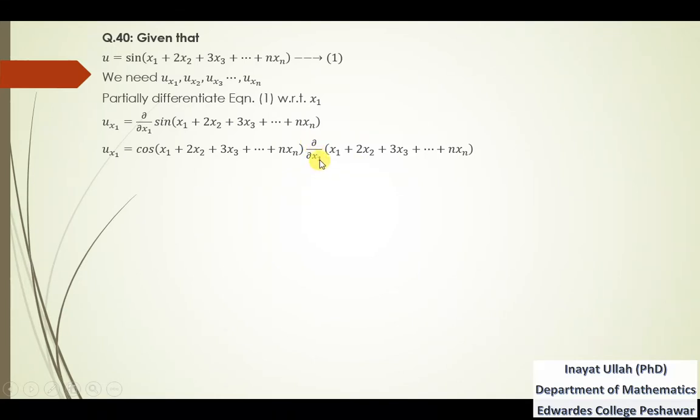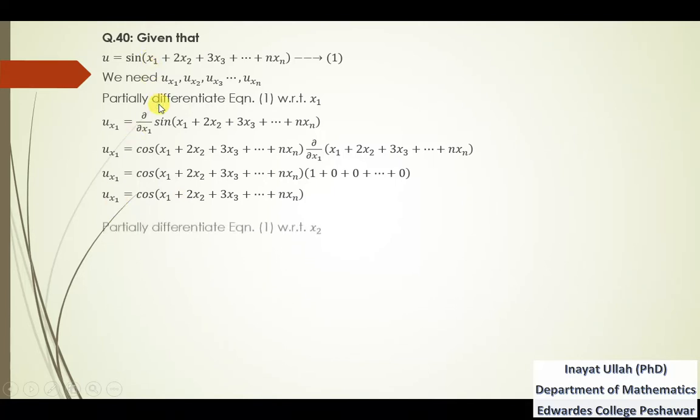So x1 will be considered as variable, and other xi's will be kept constant. So all those derivatives will become 0, and the derivative of x1 will be equal to 1. So that is ux1 is equal to cos of this whole angle, and the partial derivative of this whole function is with respect to x1, that is 1, and the rest of all the terms will be equal to 0. So 1 into this function is actually the same function. So that is the first order partial derivative with respect to x1.